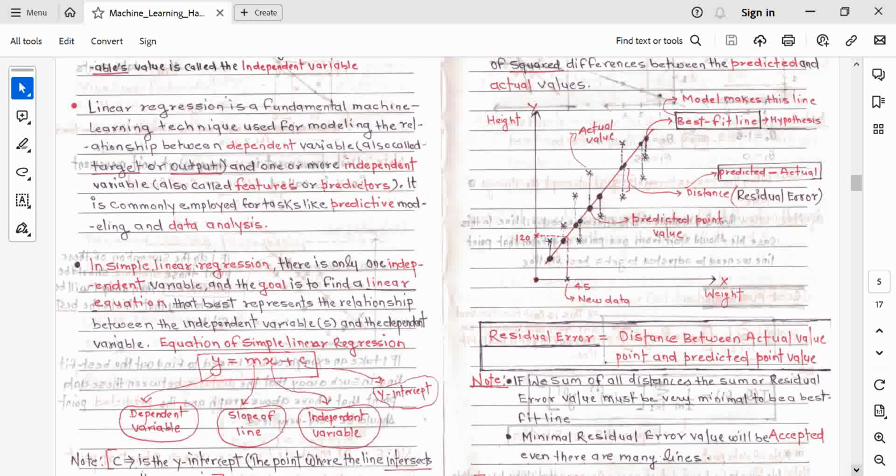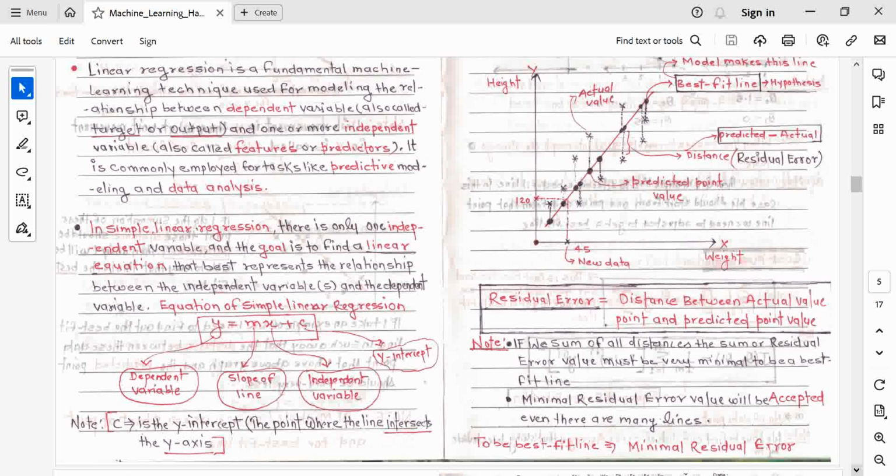So we need to discuss what a residual error is. Guys, this is the theoretical portion. We have to go into the theoretical basis first, because we need to know its foundations.